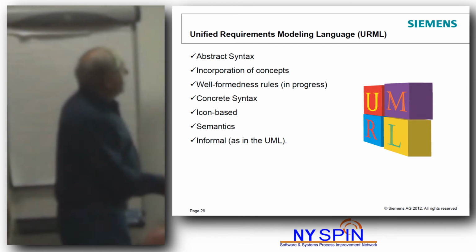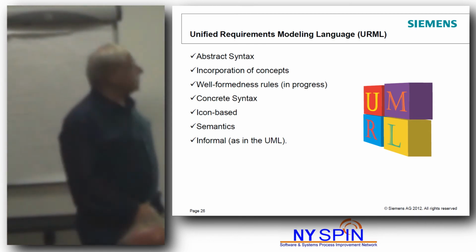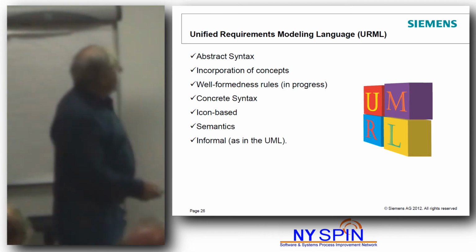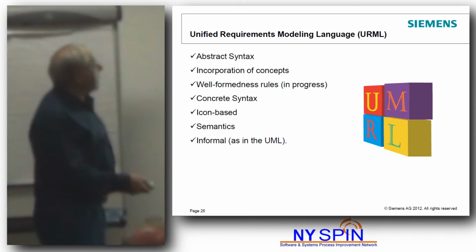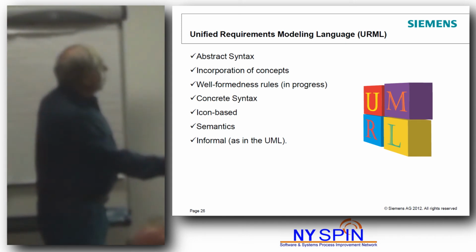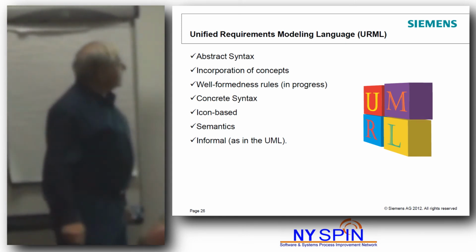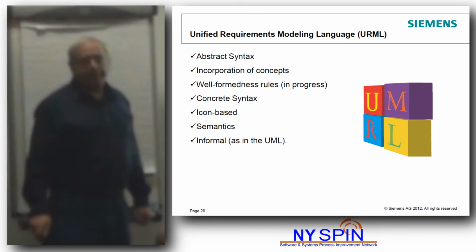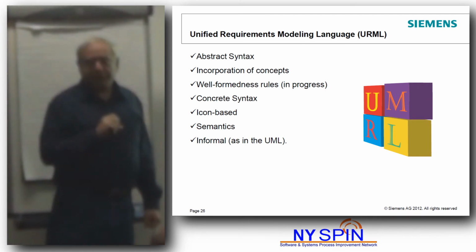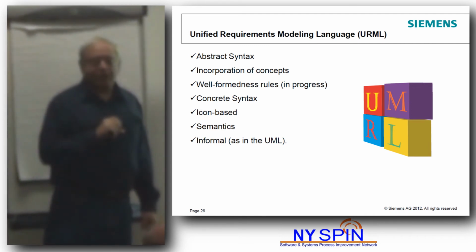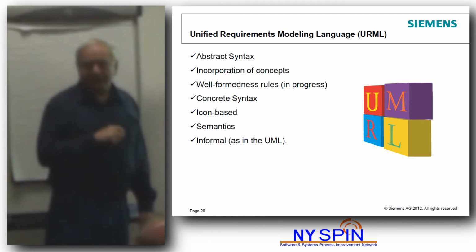So we have an abstract syntax. We incorporate various concepts, like the ones I've been talking about. Well-formedness rules, concrete syntax, and it's icon-based. One symbol for one concept. Everything is not a rectangle. In fact, I don't think we use rectangles for anything in this language.